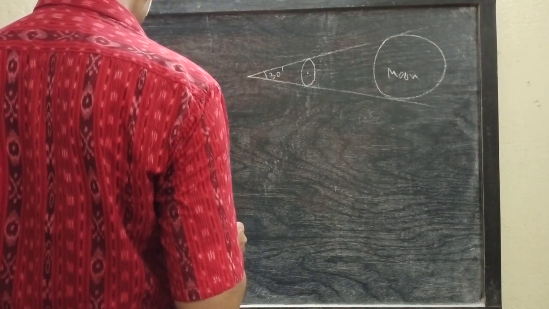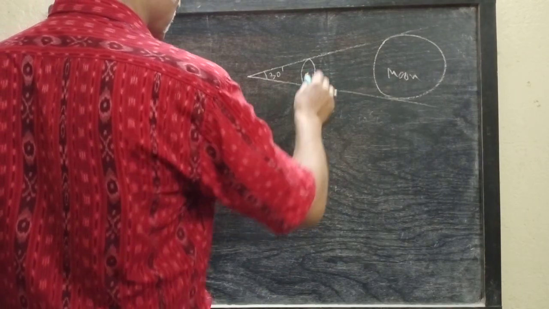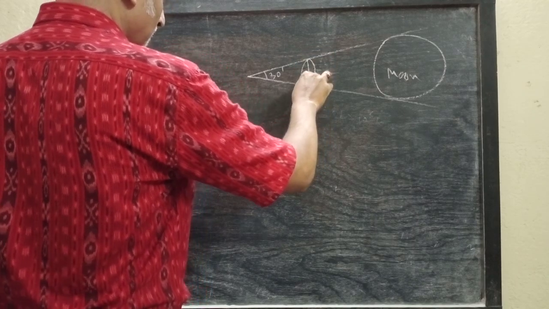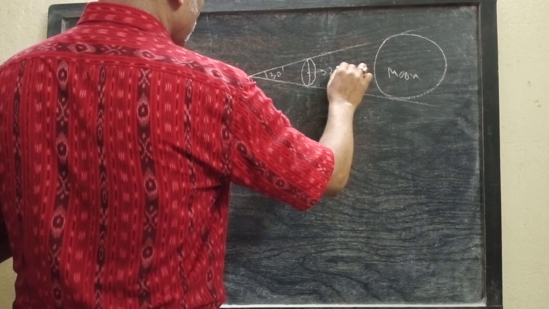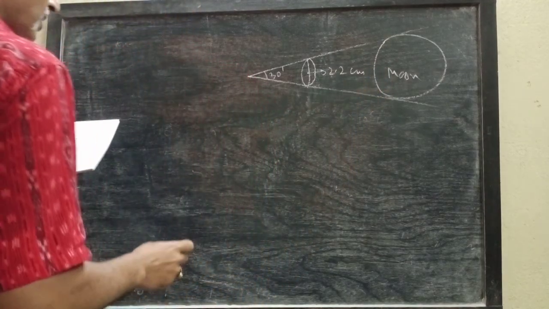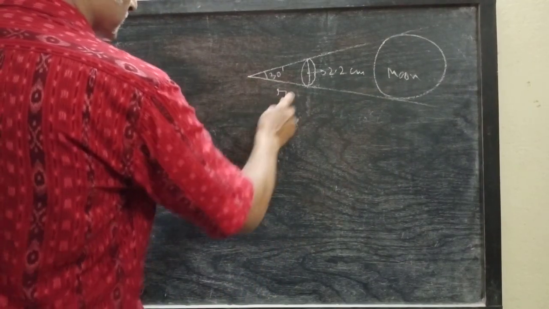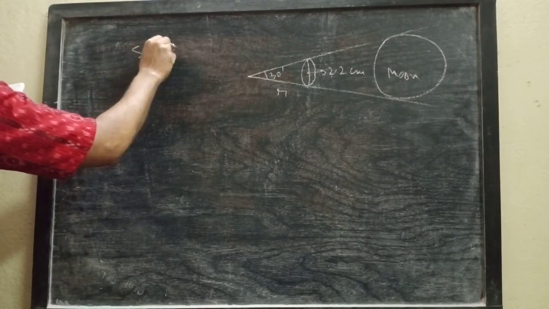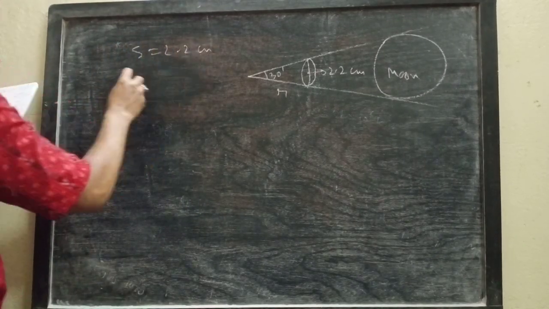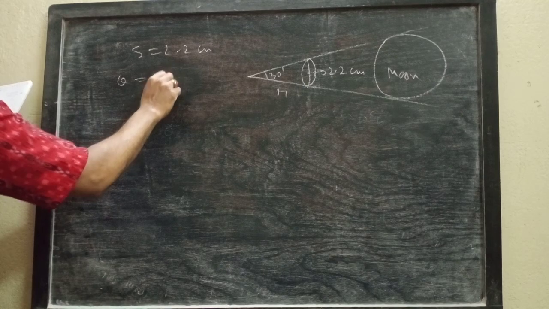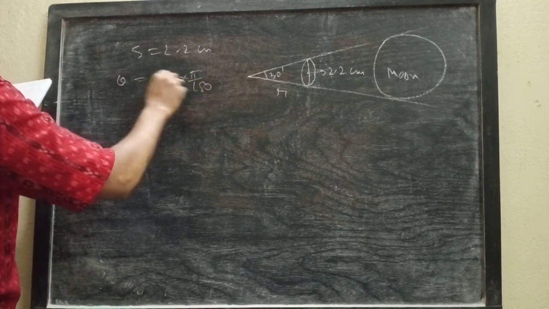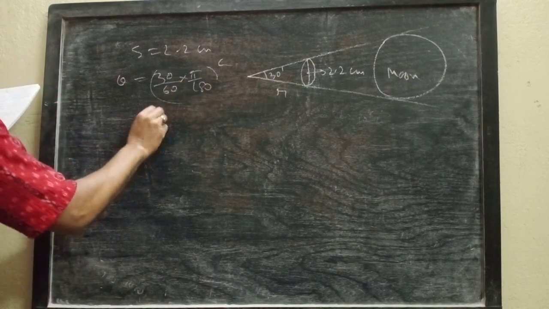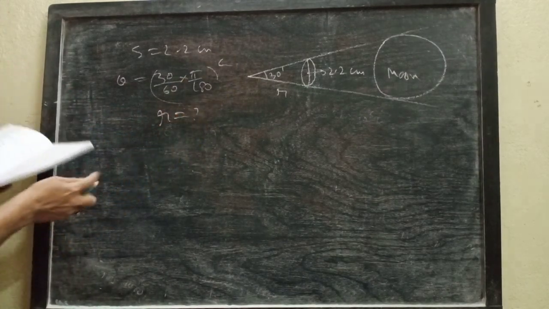How far from the eye should a coin of diameter 2.2 centimeter be kept? This arc length will be taken as 2.2 centimeter, and you are asked to find this R. Look here, AC is 2.2 centimeter, theta is 30 by 60 into pi by 180 radian, and you are asked to find R.